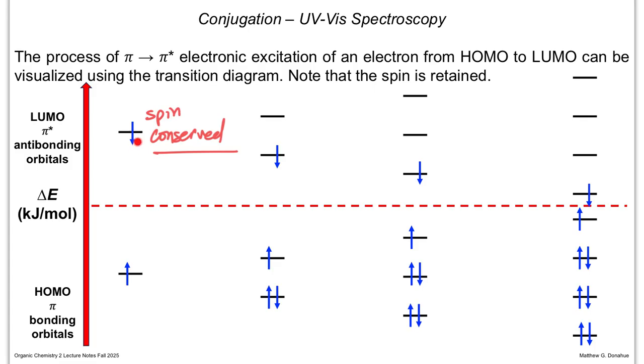So now the molecule has this higher energy. This thing wants to go back to its happy place. And as it does that, that's how the light is emitted. That's the color that we see.